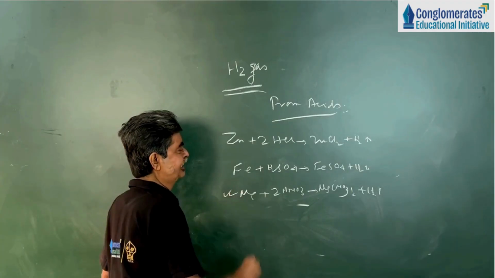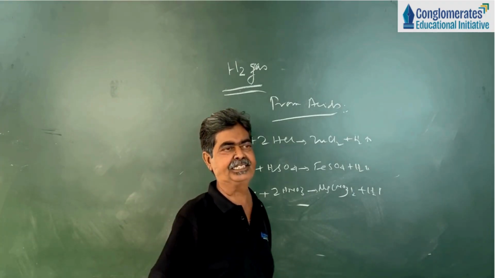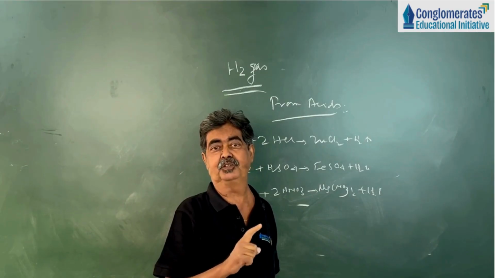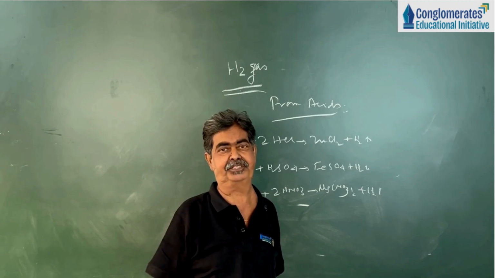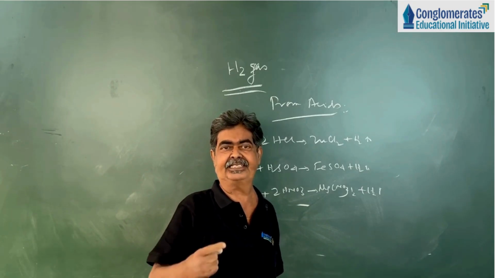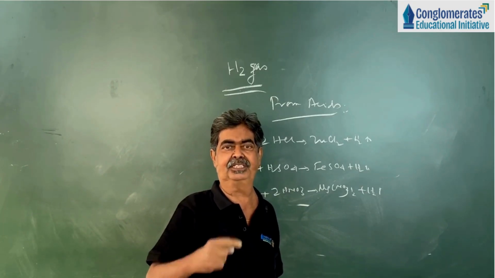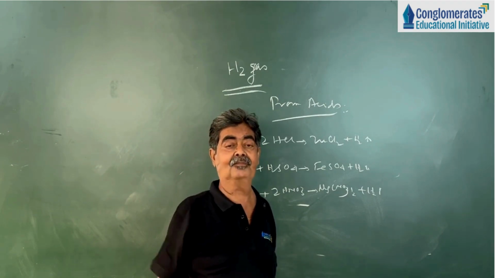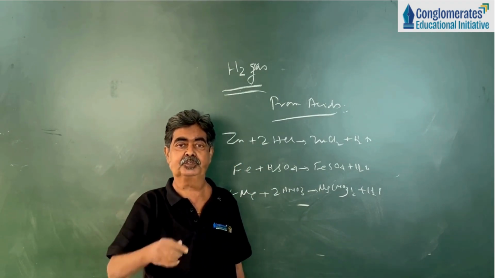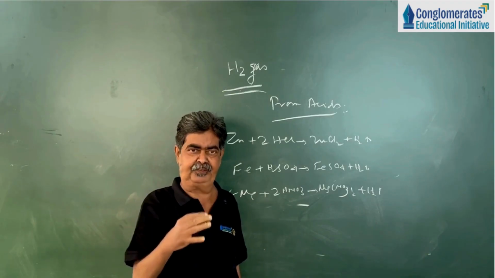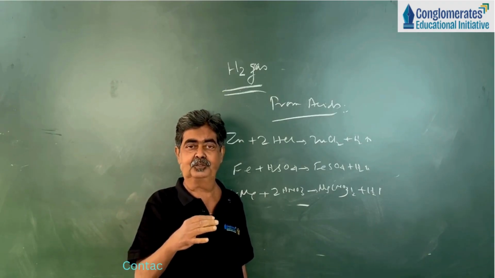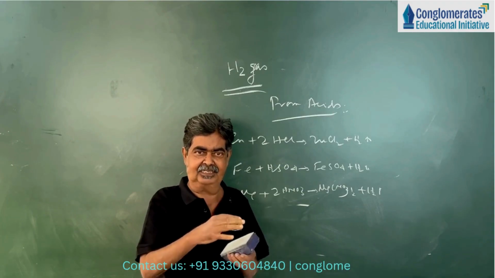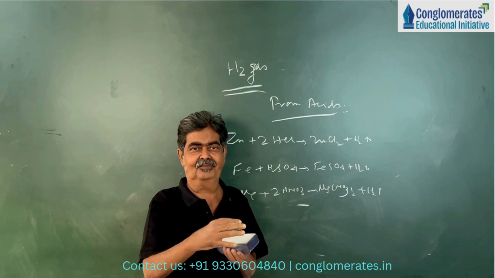One thing, in case of nitric acid, only magnesium and manganese can be used. No other metals can be used for the preparation of hydrogen. But in other cases, metals which are above hydrogen in the electrochemical series can be used. In case of sulfuric acid, one thing you have to remember, those metals that form insoluble sulfates cannot be used for the preparation of hydrogen because the insoluble sulfate protects the metal from the sulfuric acid.